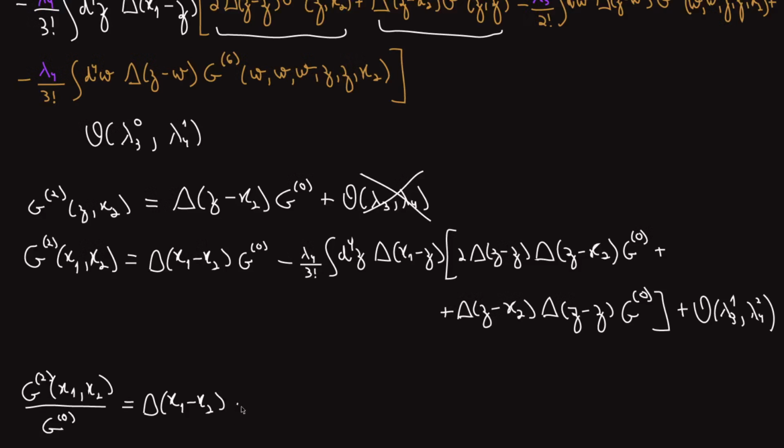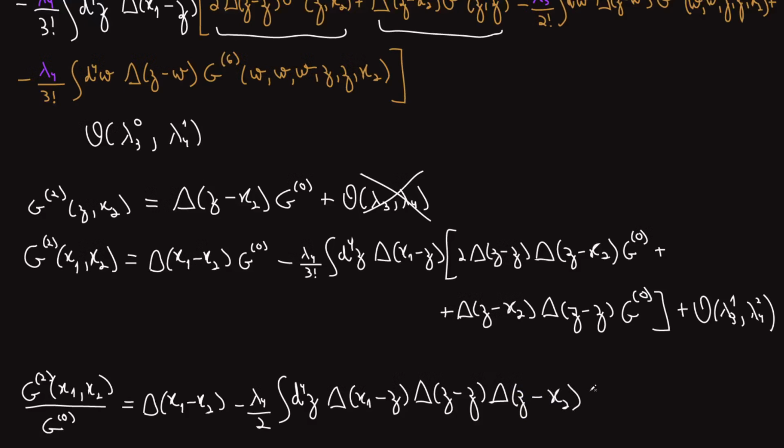I end up with minus lambda 4 over 2 integral of d^4z delta x1 minus z delta z minus z delta z minus x2 plus, of course, higher order corrections.